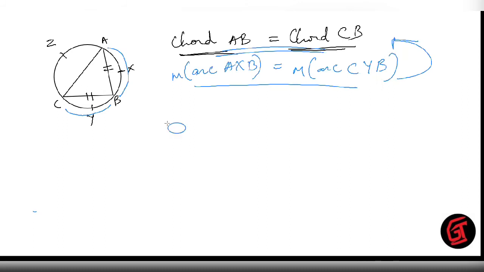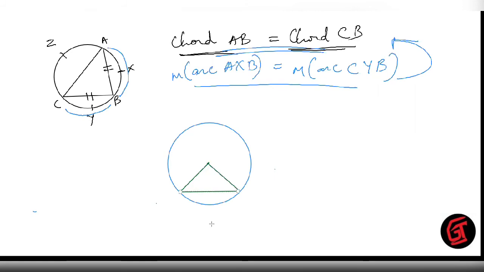So we continue with our last property. Suppose I draw a circle, I draw a center here, and I draw a radius here, and a chord here.